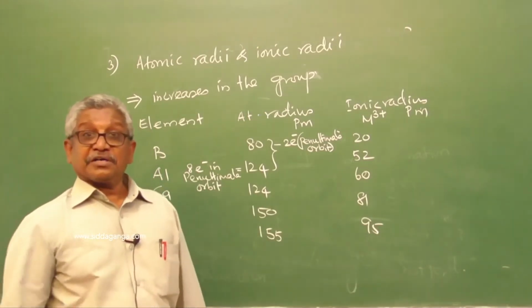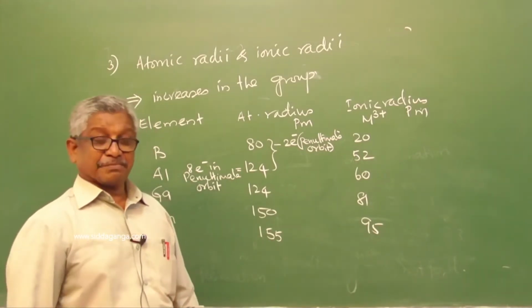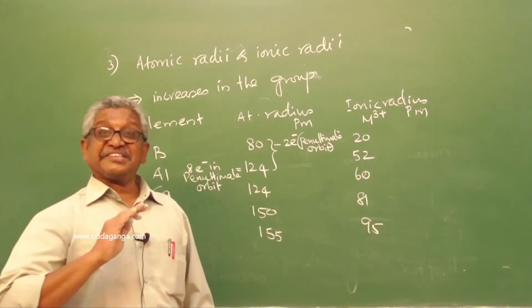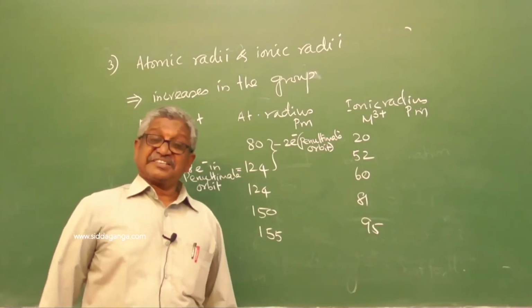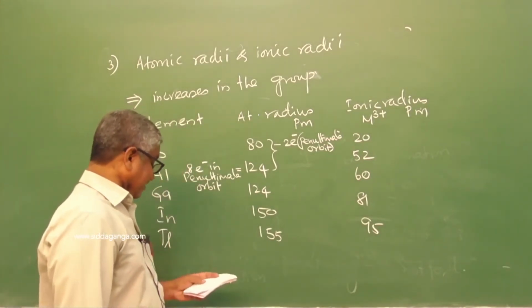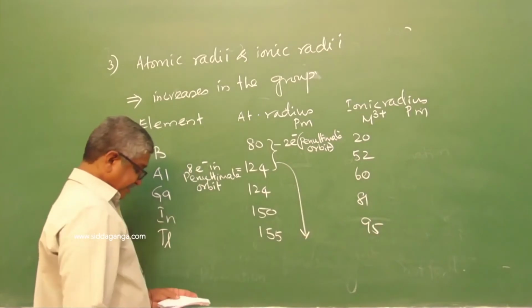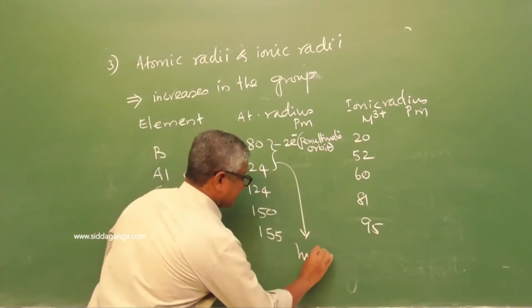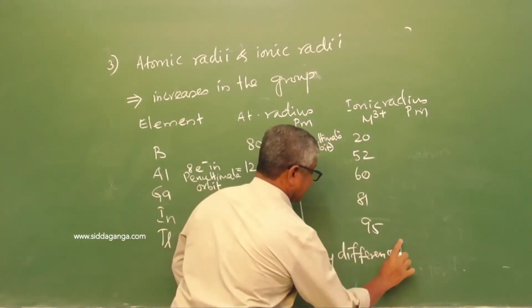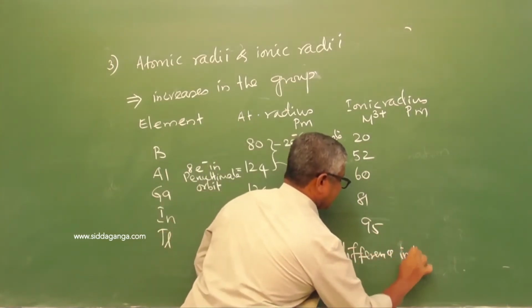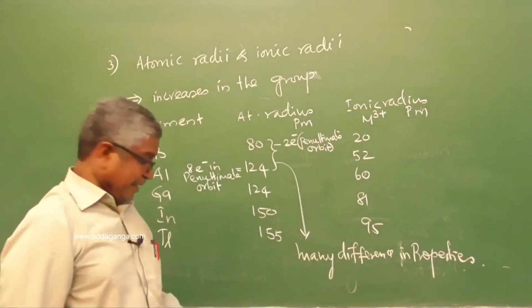Due to the large difference in atomic radius of boron and aluminum, they have many differences in properties.